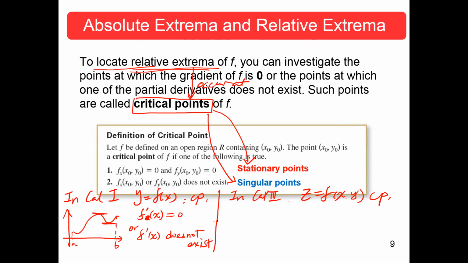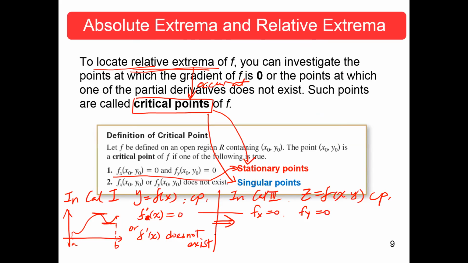So similarly, in Calculus 3, when we have a function of two variables, we can also have similar types. The first type will be first order derivative: partial x equals 0, partial y equals 0. Those are the stationary points, like here.